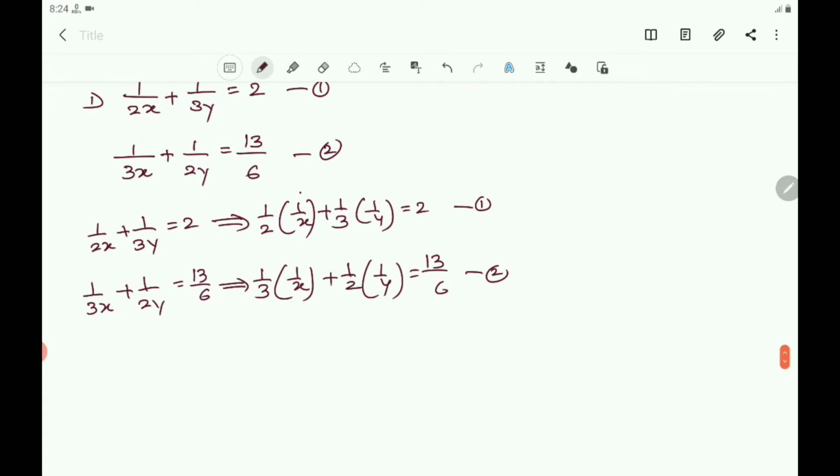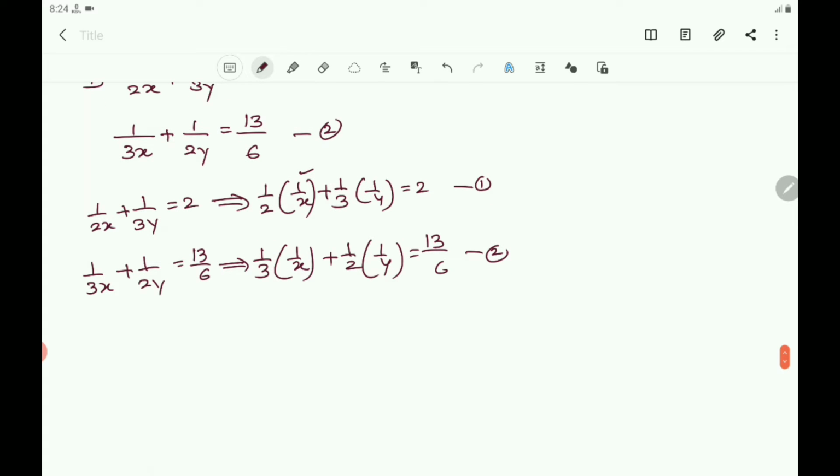Now in both the equations you have 1/x and 1/y. So take one variable for each, whatever it may be. Let 1/x equal a, and 1/y equal b.